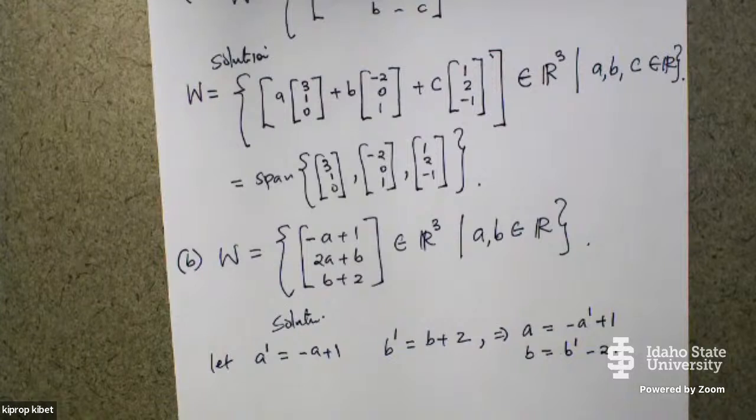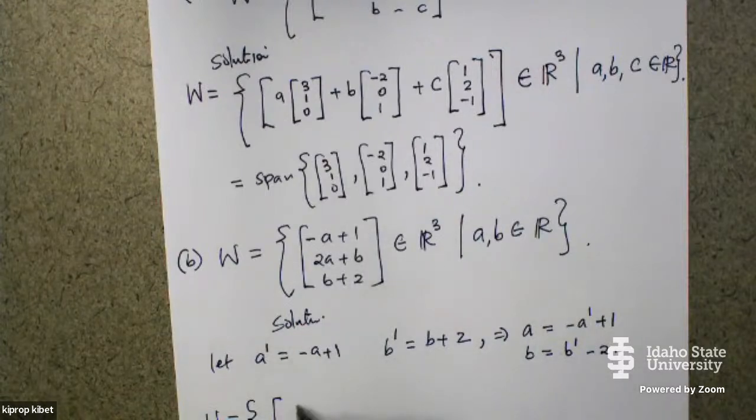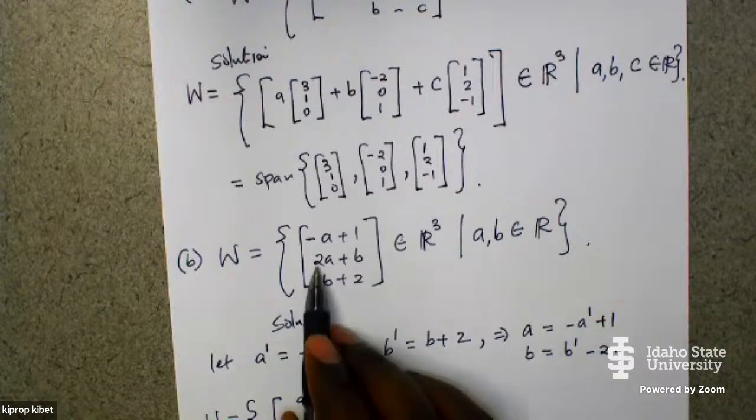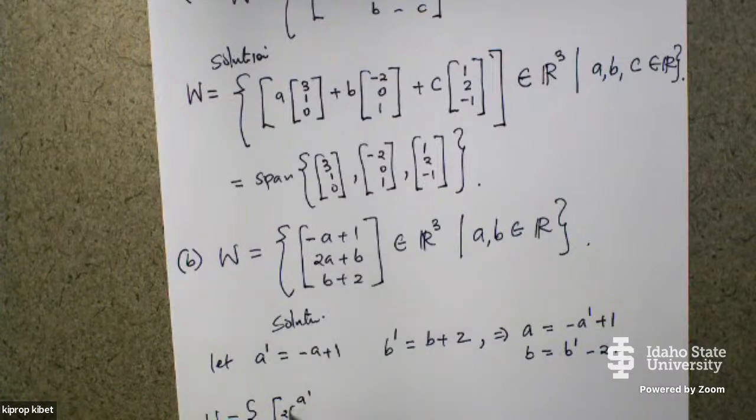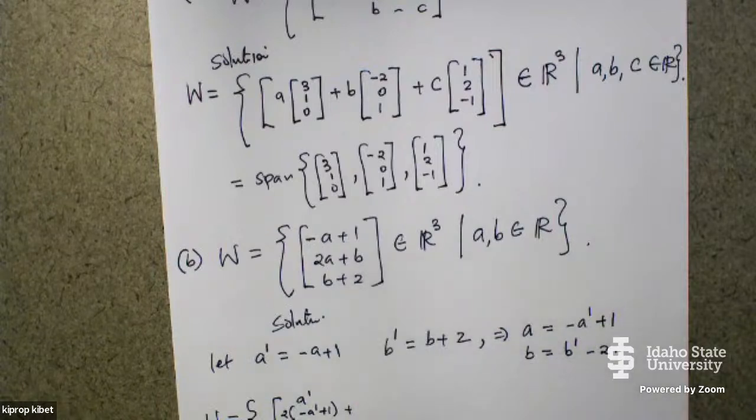Then for W here will now be equal to, we already use this one as our A prime. And then we have our 2A is minus A prime plus 1 plus our B, or B is B prime minus 2.